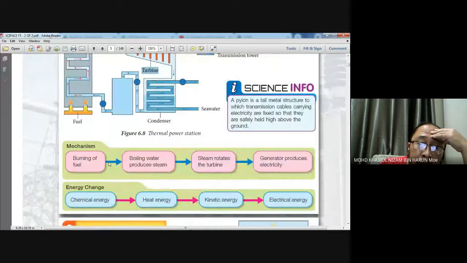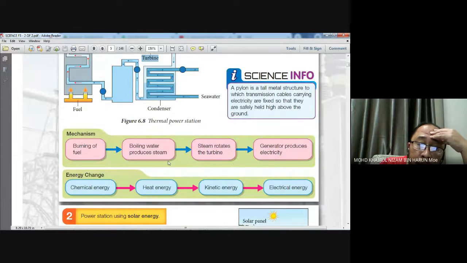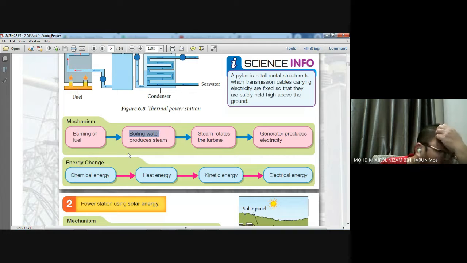Given here is the flow of how electricity is produced: burning of fuel, and then it will boil the water, and then the steam produced will rotate the turbine, and then the generator will produce electricity. This is the general mechanism of how a power station produces electricity.